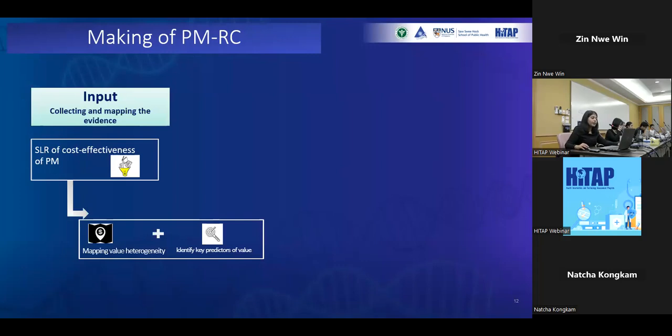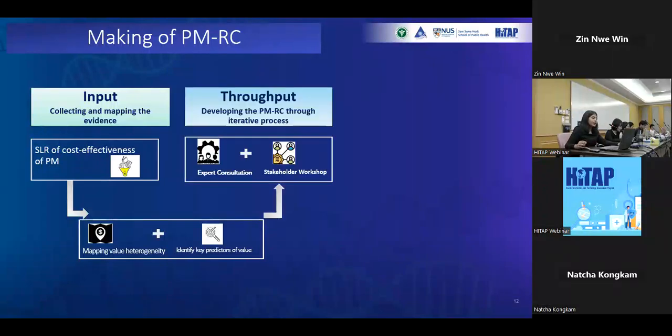Following that, we also conducted a narrative review of methodological challenges with precision medicine economic evaluation. And thus, we were able to map all these challenges into development of an initial draft of precision medicine reference case. So first, there was a consensus that was obtained through expert consultation.